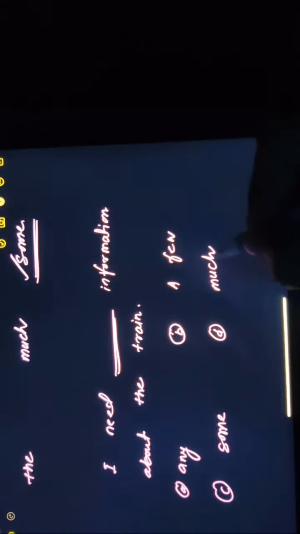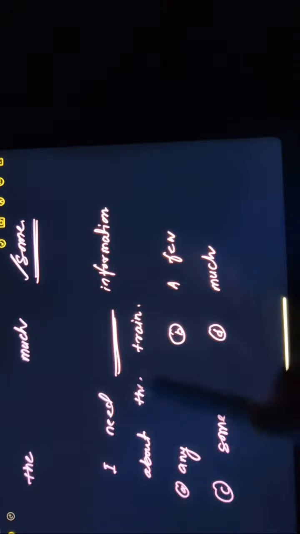Which is the best fit in this blank, like fill in the blanks? These are the options. A is any, B is a few, C is some, and D is much. Which one is the best fit over here?